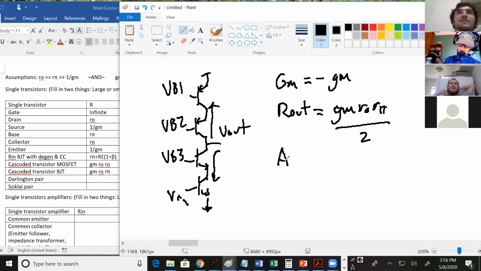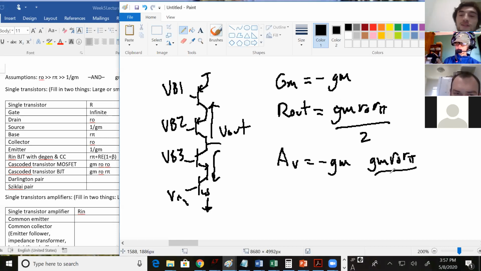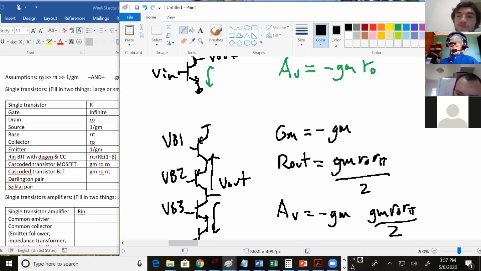Now your gain is still minus GM out front, so nothing's changed there. And now, even if you assume R pi is 10,000 and GM is 1/10 or 1/100th, you've got a sizable gain improvement over just cascoding on one side.